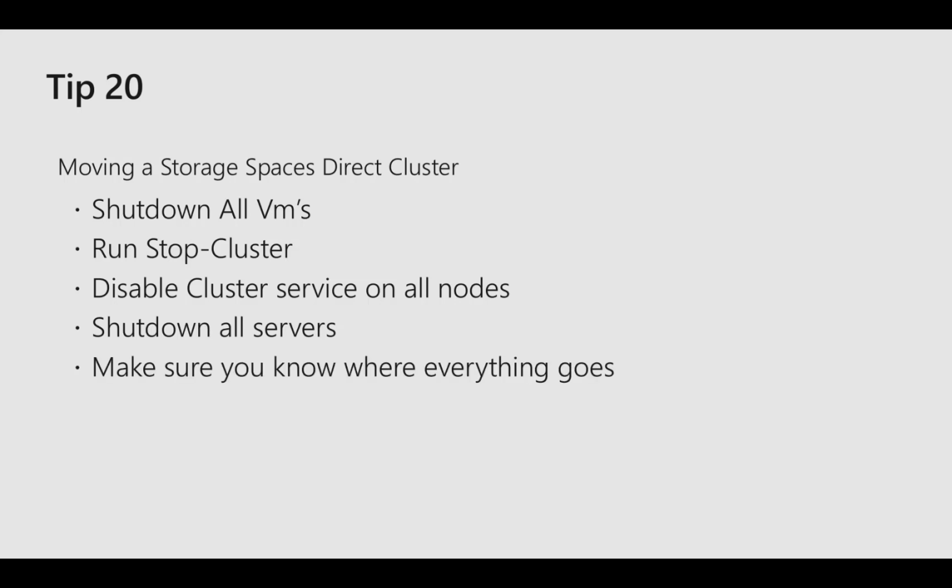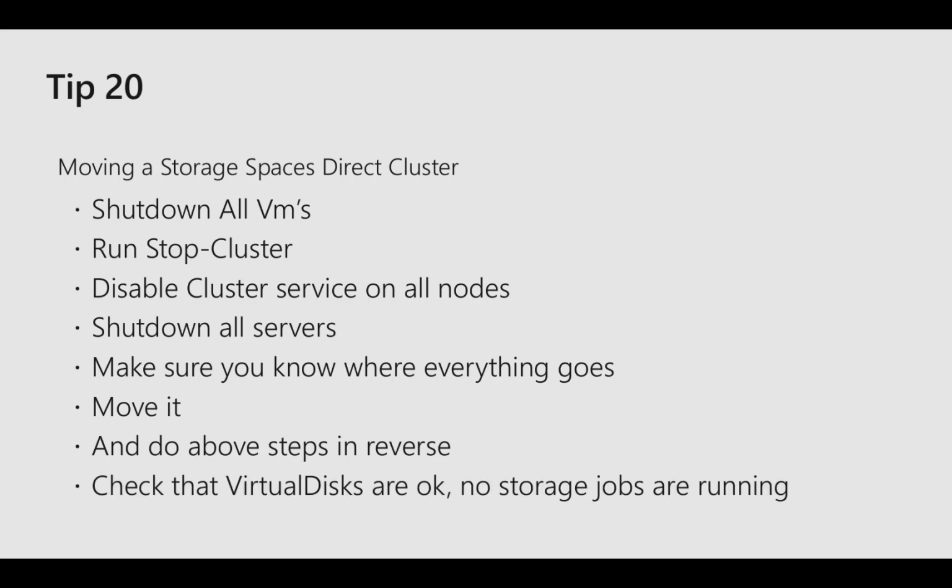The very important thing is to make sure you know where everything goes, meaning cables and switches, and that everything is correct as it was before, so that when you boot up, it gets all the networking up and running. And make sure there's a domain controller running before you start your Hyper-V nodes. So move it and then do all the steps in reverse.